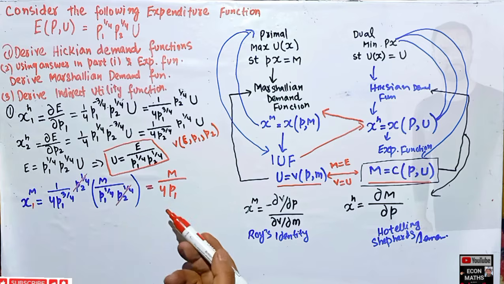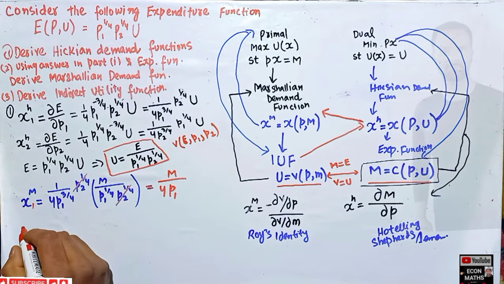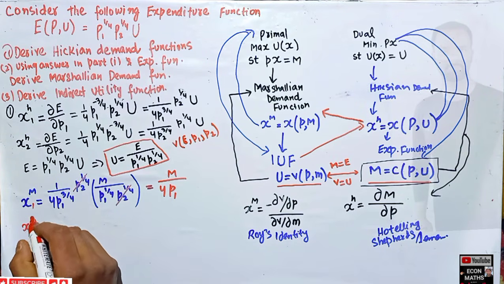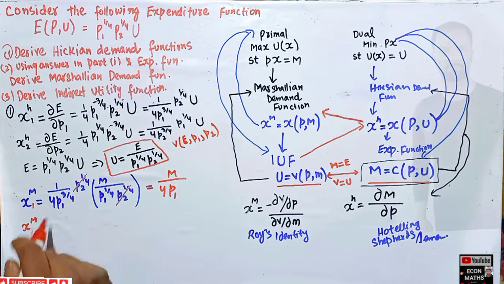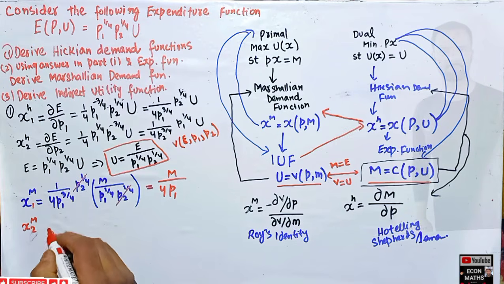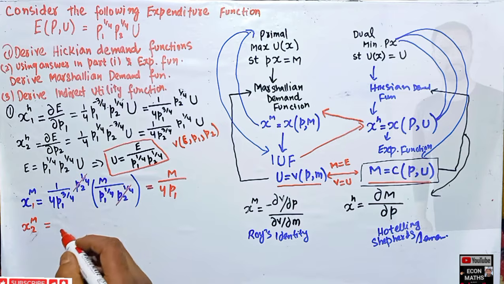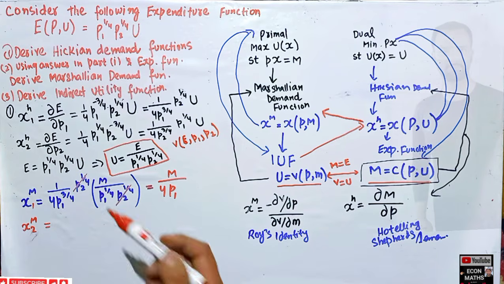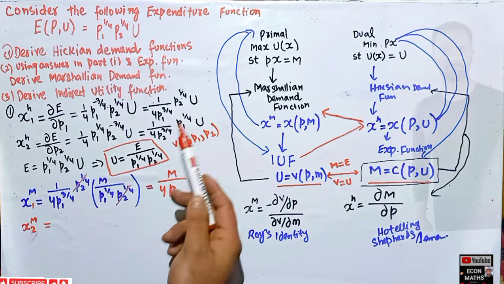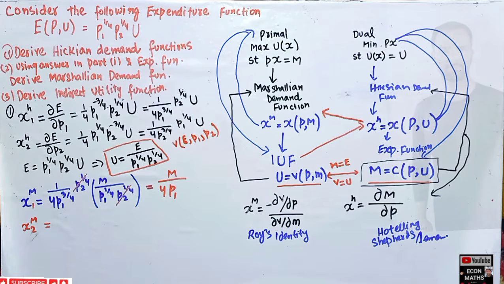Okay, this is the Marshallian demand function for good 1. Similarly, for the Marshallian demand function for good 2, we again need to put this indirect utility function in this equation to get the Marshallian demand function for good 2.